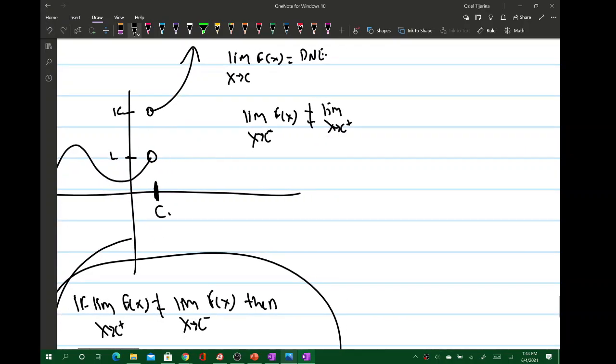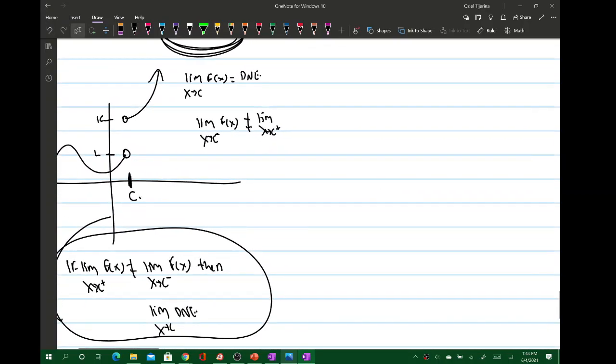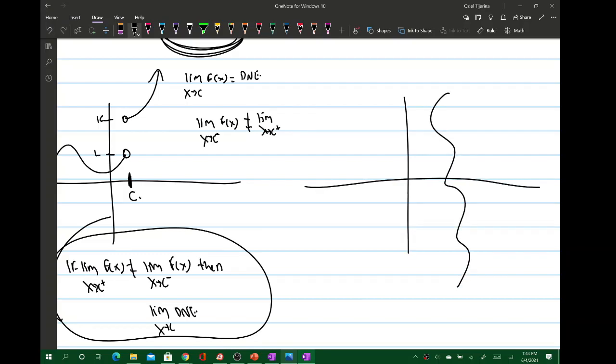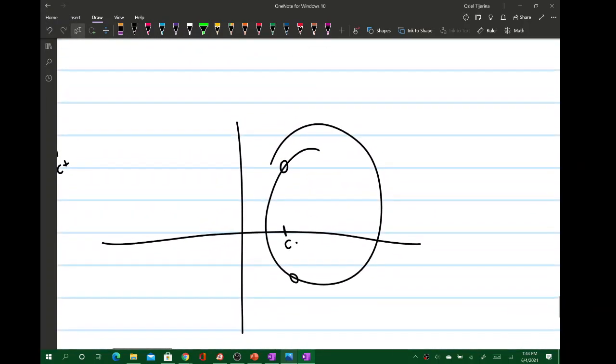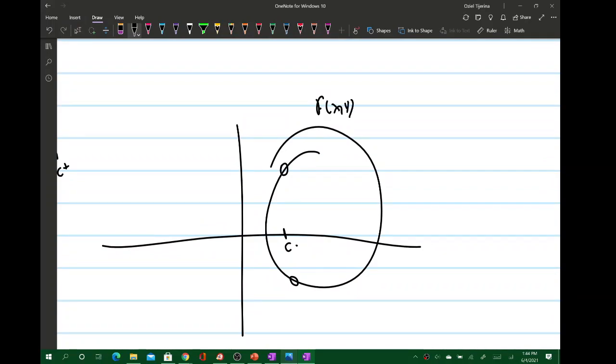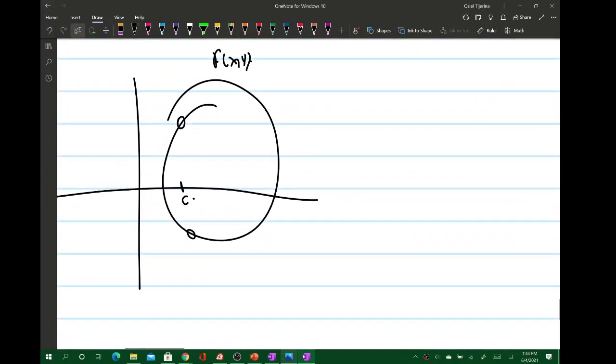Because remember when I said that if we have a function like this, or let's say a circle, okay? Right here and right here, if this is x equals c, and I'm just going to say f of xy, even though I know this is not multivariable calculus.